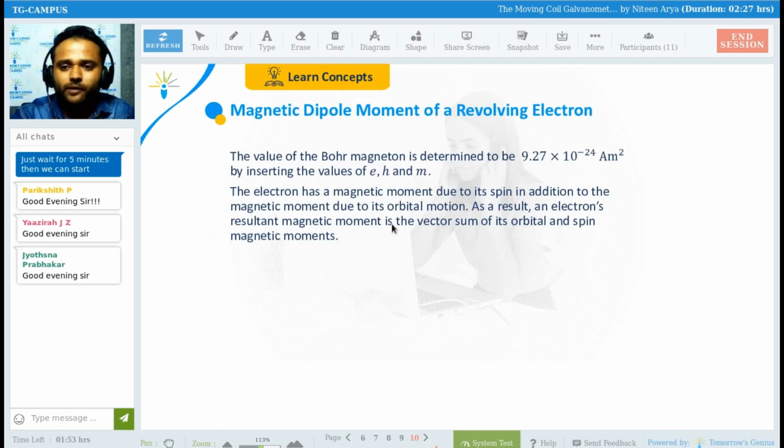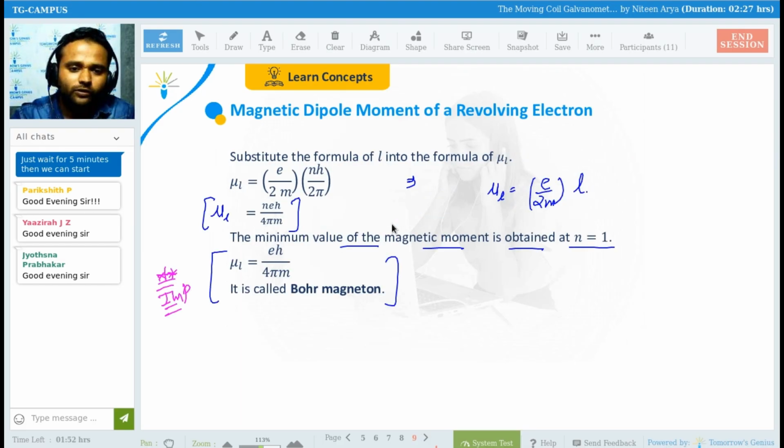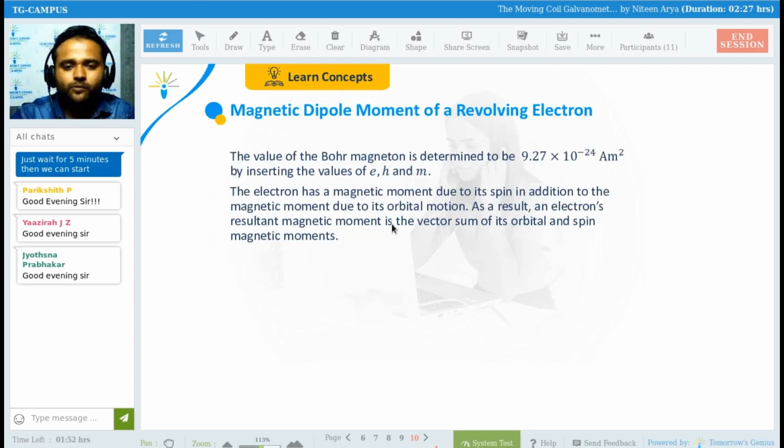So this is the magnetic dipole moment of a revolving electron, and the value of the Bohr magneton, because as we know, the Bohr magneton is also a constant. E is constant, h is constant, pi is constant, m is constant. Let me write it down.